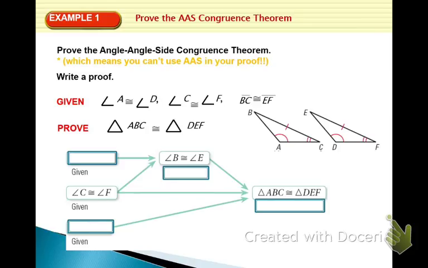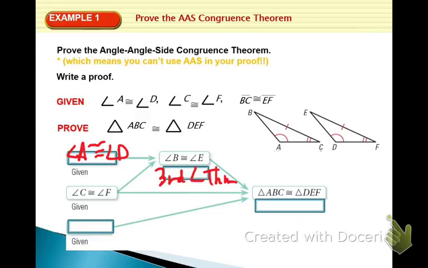It's the third angle theorem, which says if two angles of a triangle are congruent to two angles of another triangle, we know the third angles of the triangles are congruent. So to be able to use the third angle theorem, what has to be in this box? The angles, right? Angle A congruent to angle D. So we're using logic here.